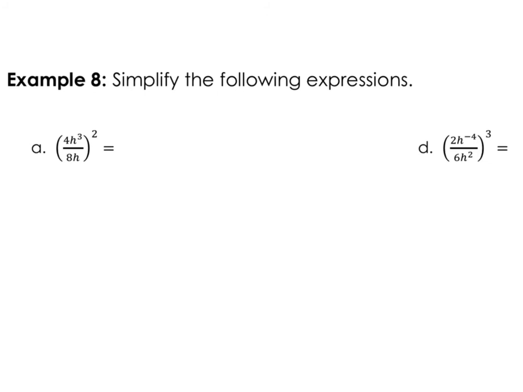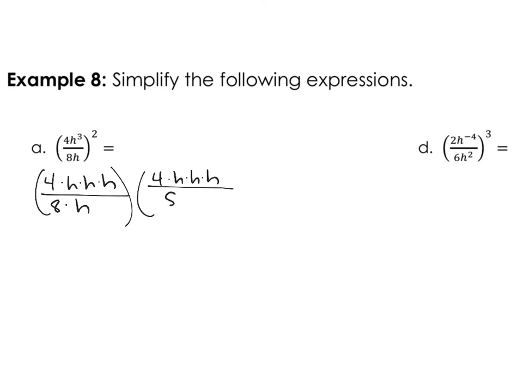So on this first one, we have a 4 with 3 h's and an 8 with a 1 h, and that parentheses is happening 2 times because it was squared. Now I notice that I have h's on top and bottom, so I can cancel some of these h's out.